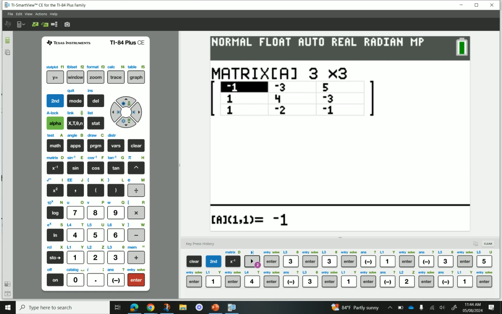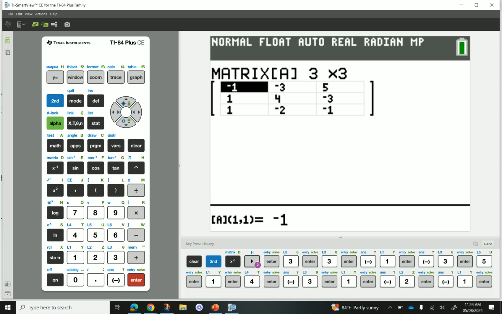So make sure it looks like our coefficient matrix. So second matrix, forward to edit. Enter. And make it a 3x3. And then put in those values.